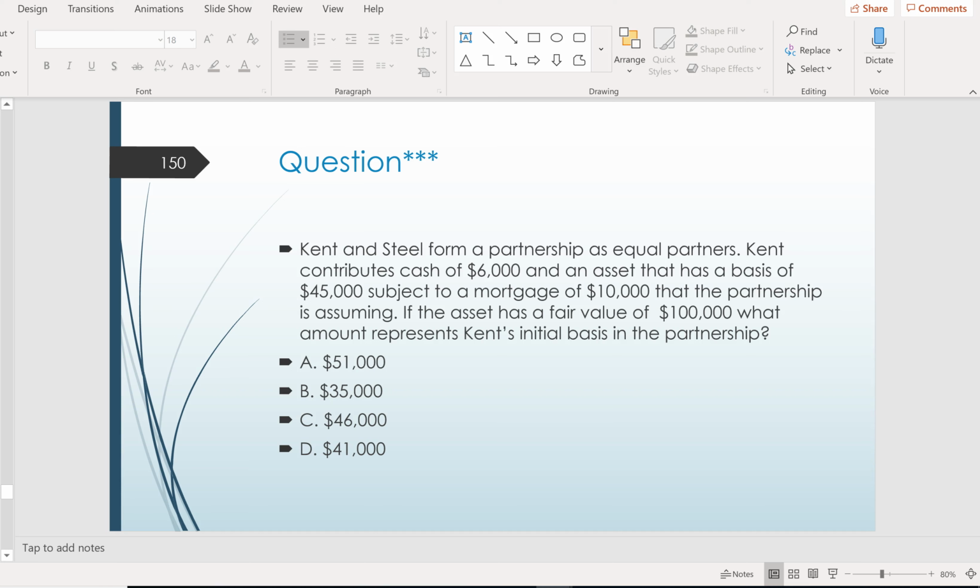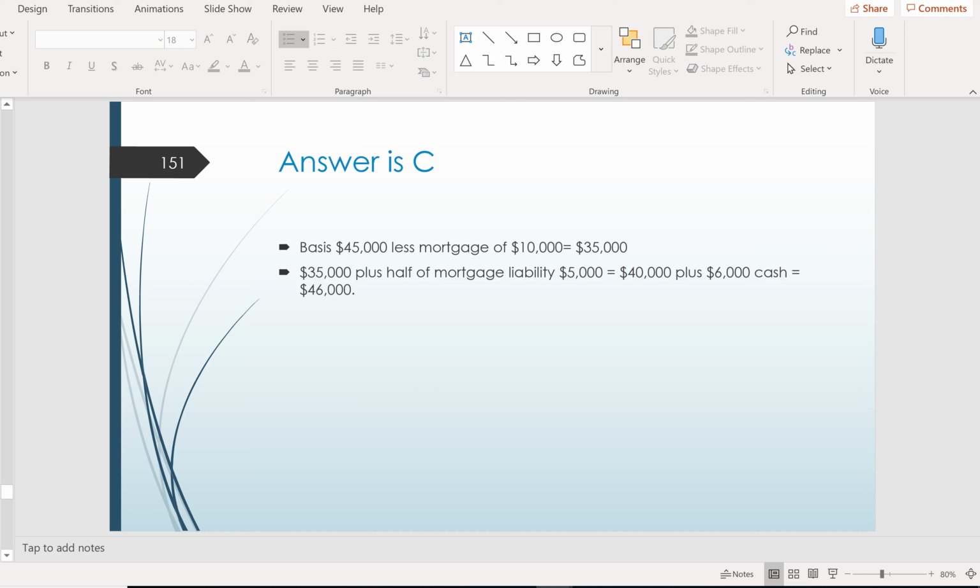So 45 minus 10 is 35, and then add back half of that mortgage, 5, brings you to 40,000. And that's not a choice because we forgot to add the cash of $6,000 that Kent also contributed, and that brings us to 46,000, which is letter C.